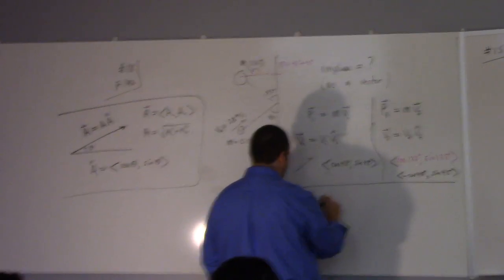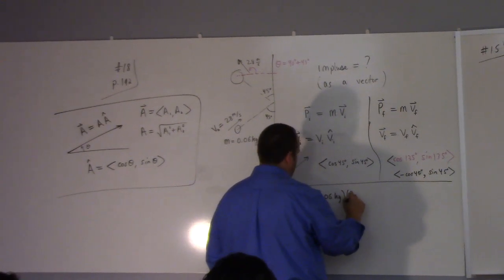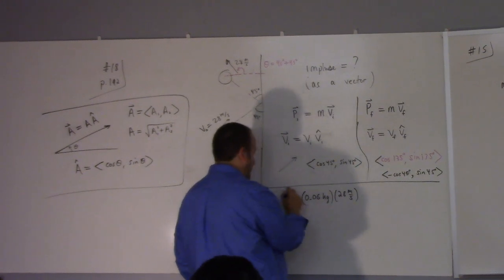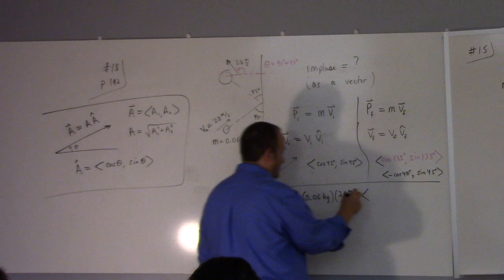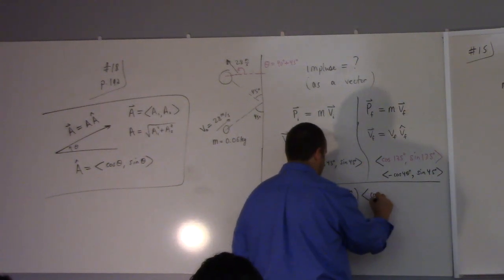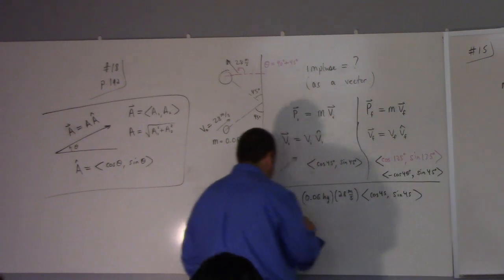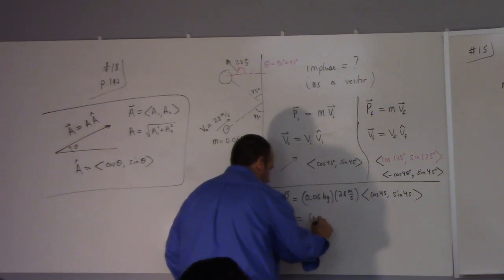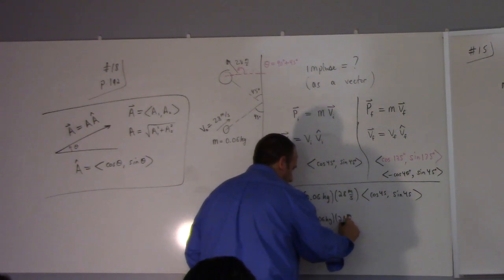So we've got 0.06 kilograms times 28 meters per second times, what's the initial unit vector? You know, cosine 45, sine 45. The final momentum is the same 0.06 kilograms, 28 meters per second, because it's got the same final speed, right?